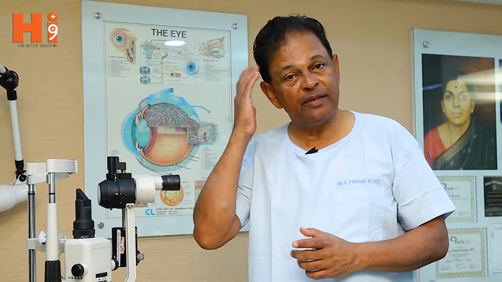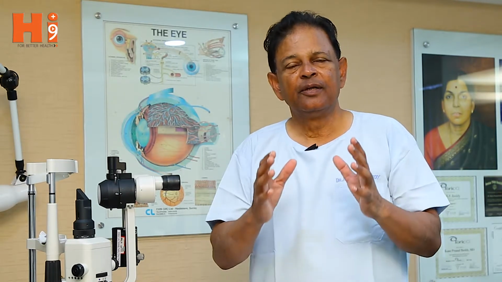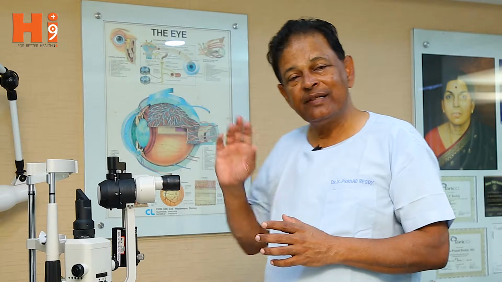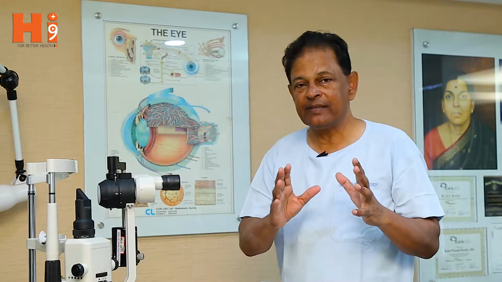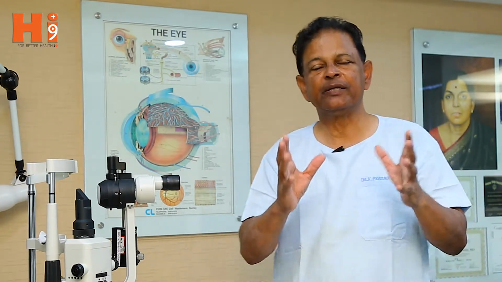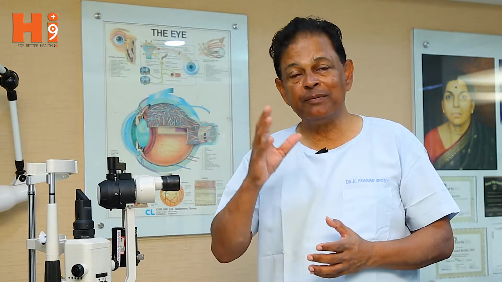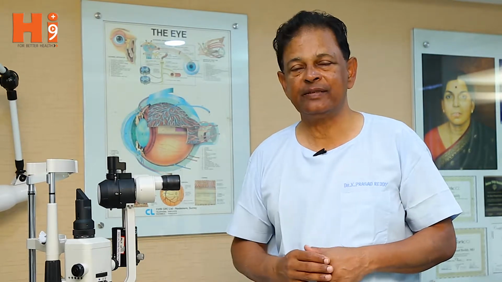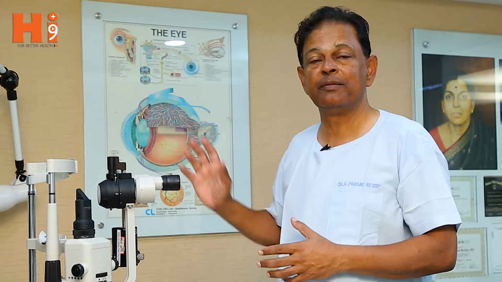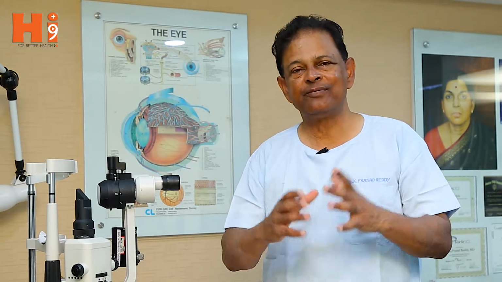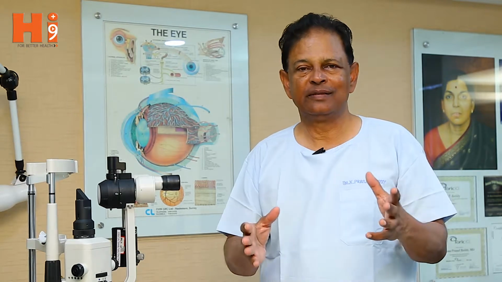It's like developing in the dark room inside. So this retina, very thin like a tissue paper, full of blood vessels, gets affected in diabetes. Obviously when there are a lot of blood vessels there, they get affected and they leak.